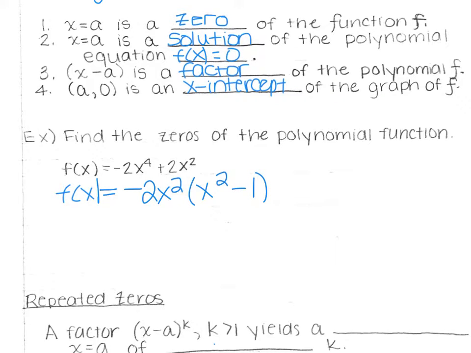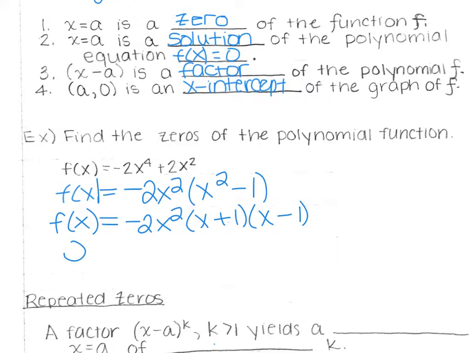And note again, we can factor x squared minus 1 because it is a difference of squares, so it will factor as x plus 1 and x minus 1. By setting each of these equal to 0, so letting f of x be 0, we can determine our solutions.